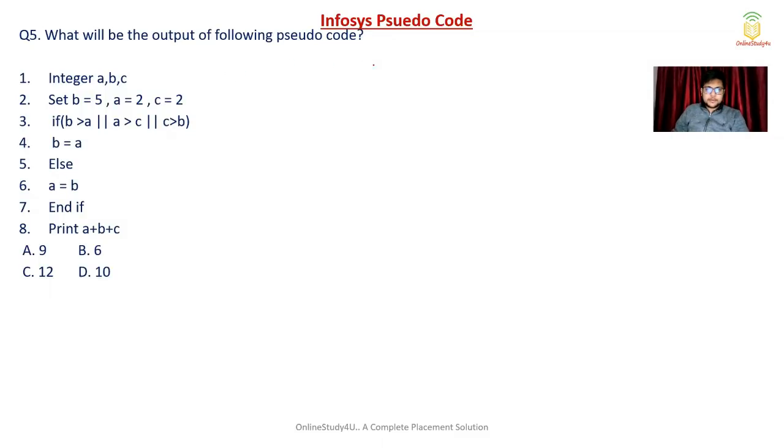In this question, we are given A, B, and C. The value of B is set to 5. The value of A is 2. And the value of C is 2 as well.